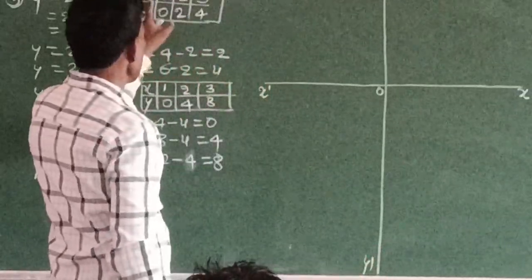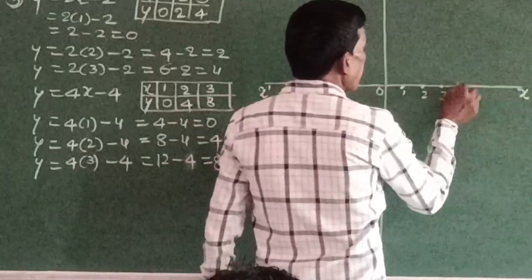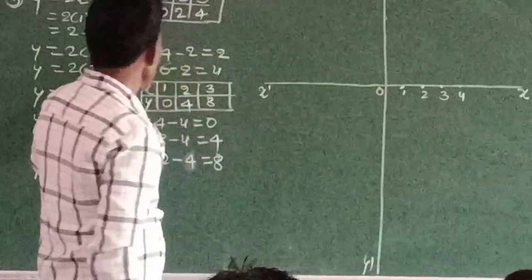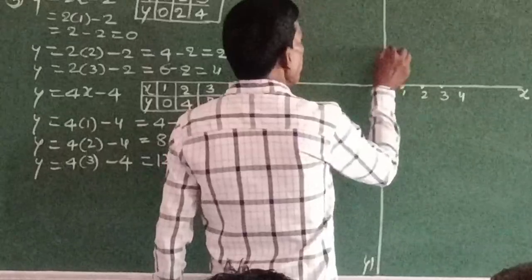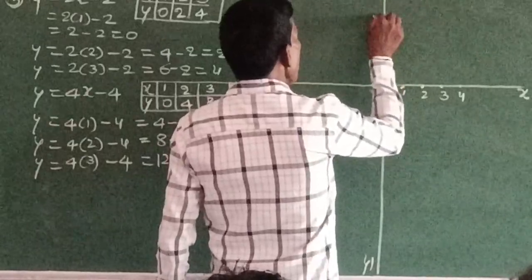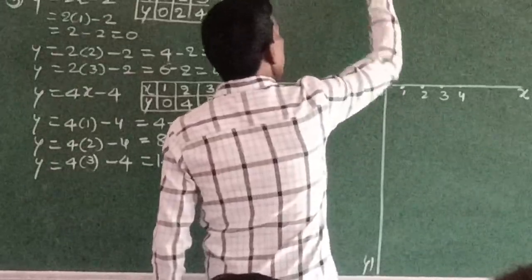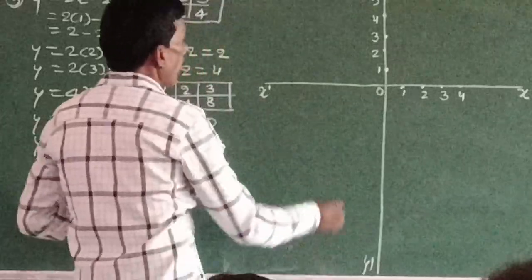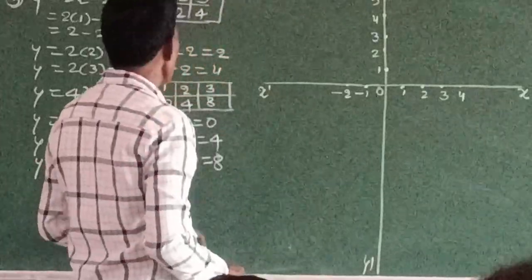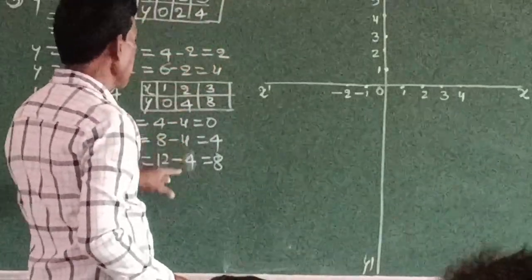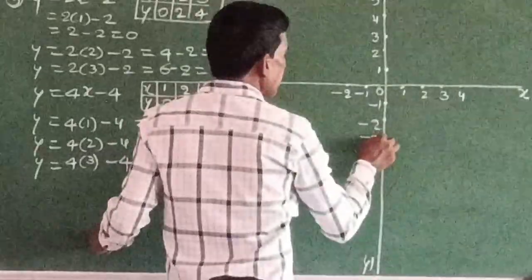The highest x value is 3, and the highest y value is 8. Mark the numbers 1 to 9, and also minus 1, minus 2, minus 3 on the negative side.